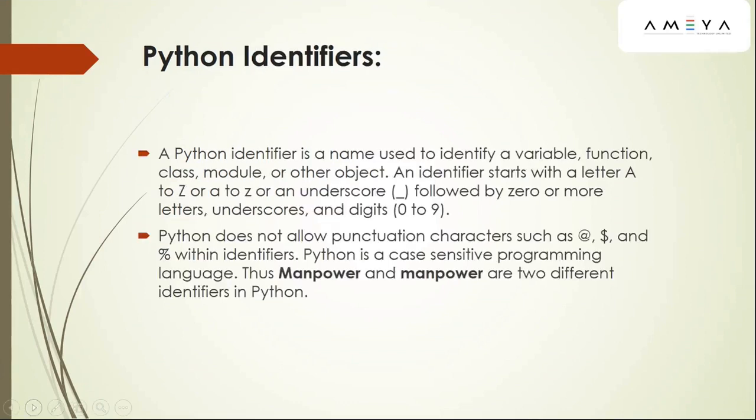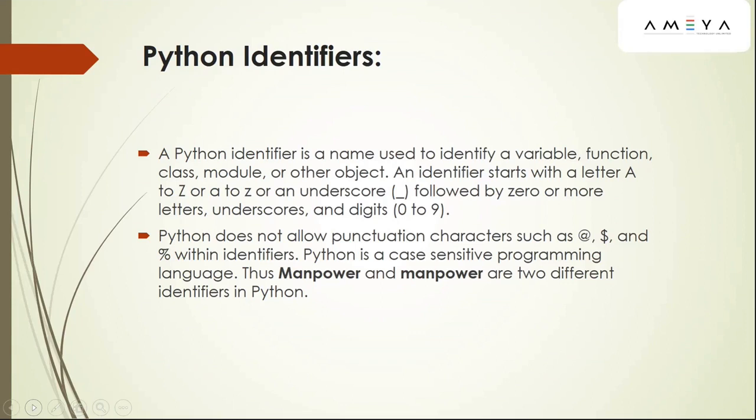Python identifiers. A Python identifier is a name used to identify a variable, function, class, module, or other object. An identifier starts with a letter, capital A to capital Z, or small a to small z, or an underscore, followed by zero or more letters, underscores, and digits. Identifiers are nothing but the procedure for declaring your variable.